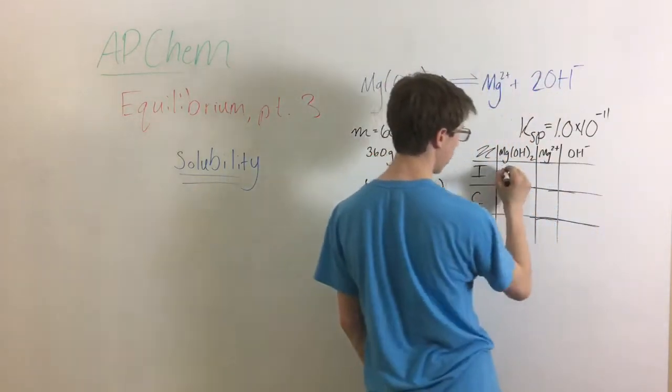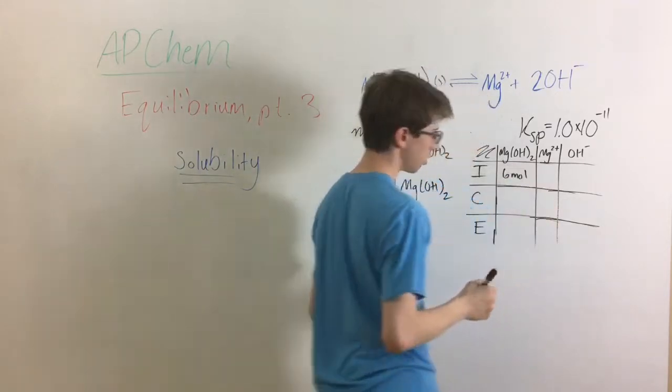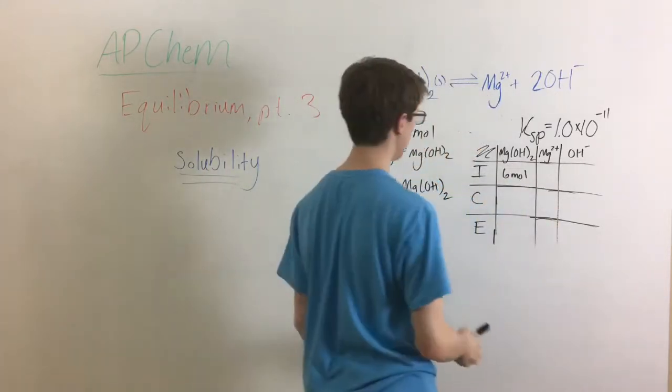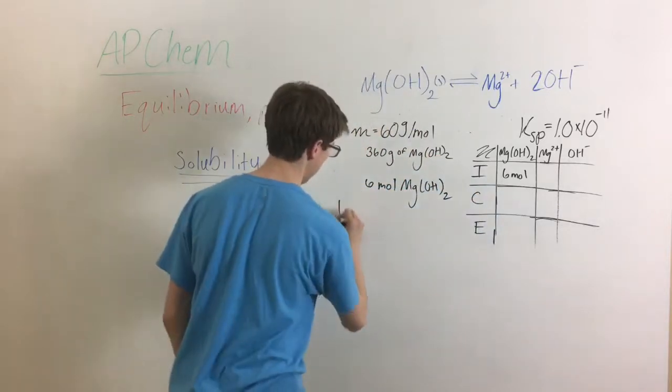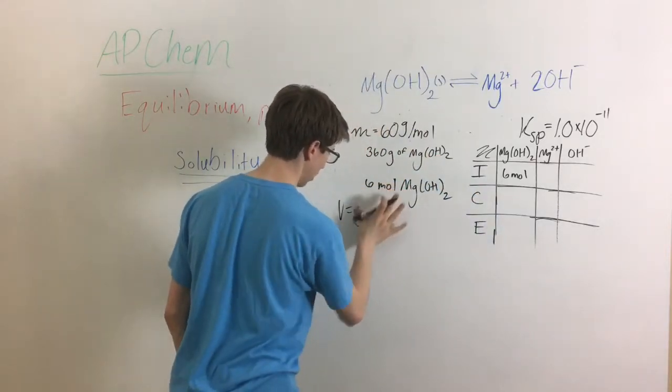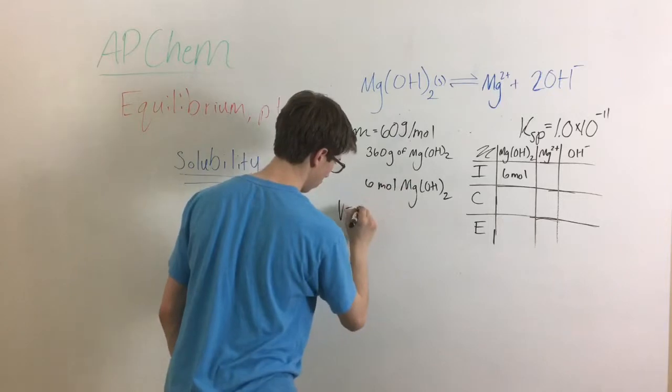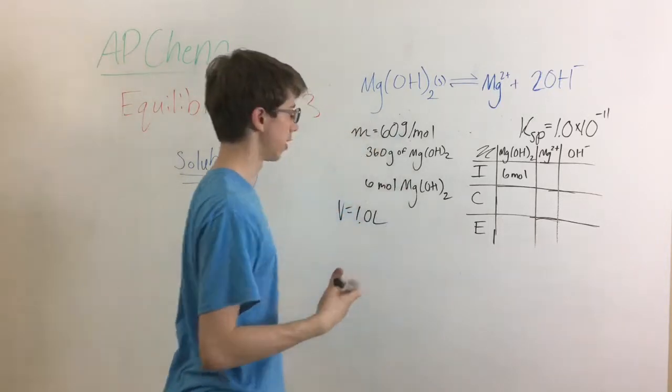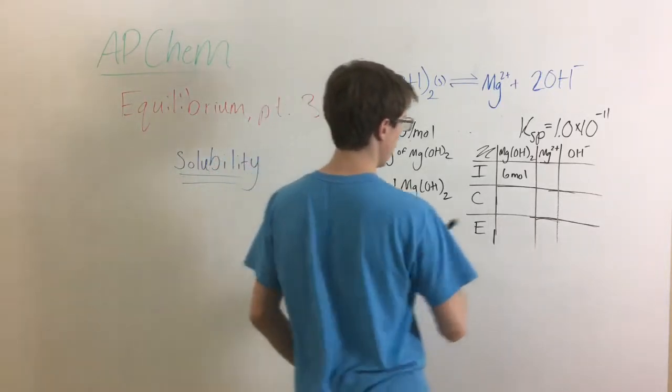So we know that we're starting off with 6 moles. So we're going to have to deal with moles instead of molarity, but say that our volume is just 1 liter, right? So it doesn't really affect anything.